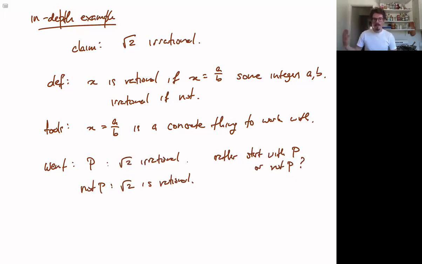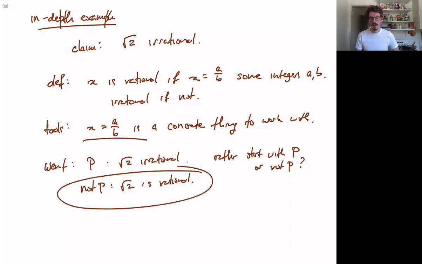And now if we look at the definitions and tools that we put up above here, in this case, well, we didn't write anything down. I don't totally know of any good ways of working with irrational numbers. But here, well, this is not a lot, but it's a start.